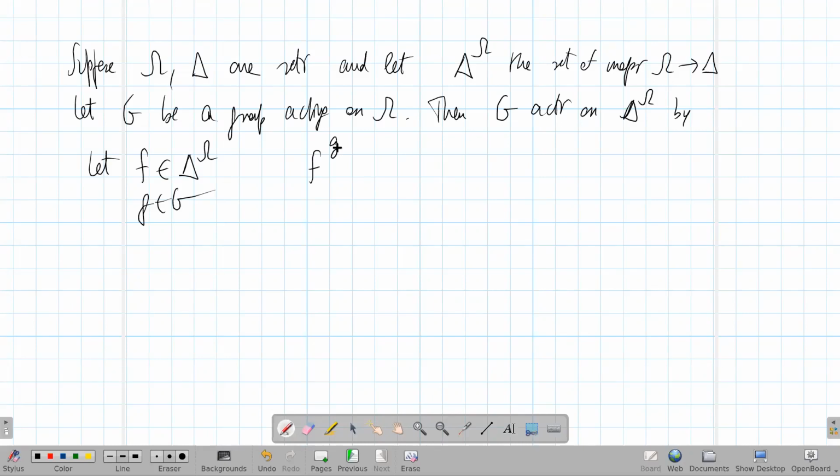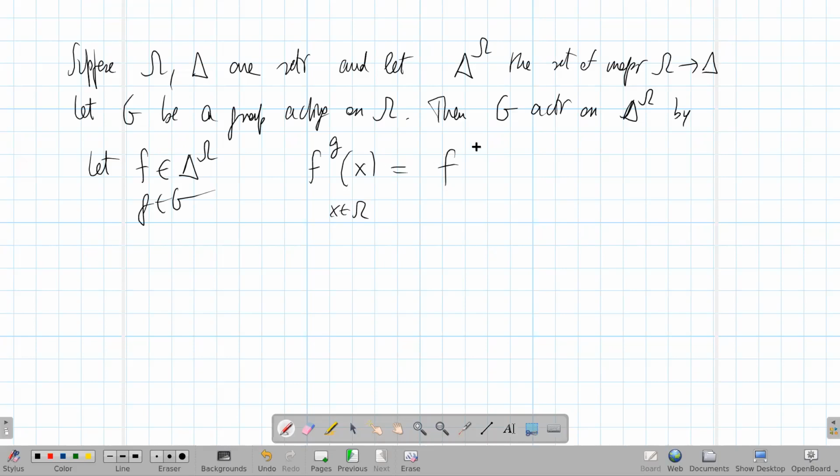So my actions are right actions. Some of you will have taken the algebra course with Willem de Graaf. He uses left actions. My actions are right actions. So what is the value of, I take f, I take its image under an element g in G. What is its value on x, x being an element of omega?